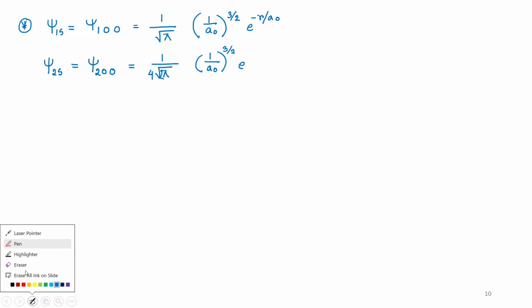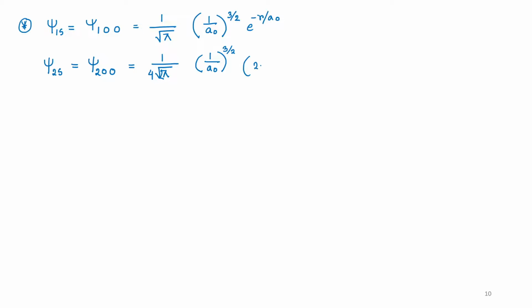Obviously, in the first case you did not have a polynomial of r, but in this case the polynomial term is there along with the exponential term.